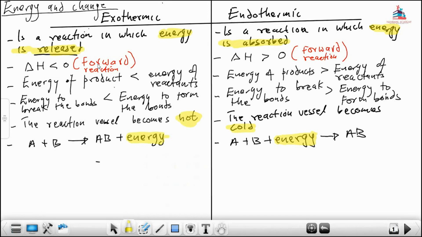Last one. The last one is just from now the shape of the graph. What is the shape of the graph? The shape of the graph is I will have my energy of the reactants.